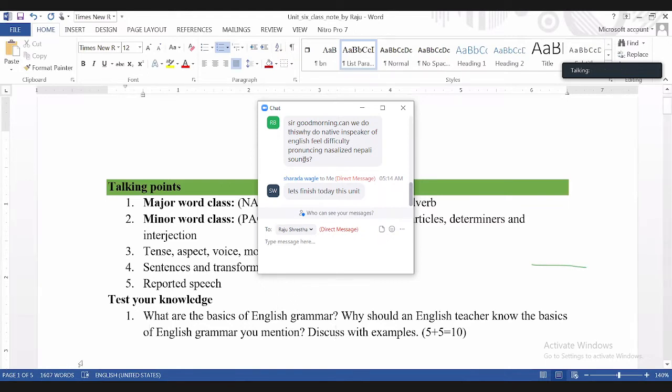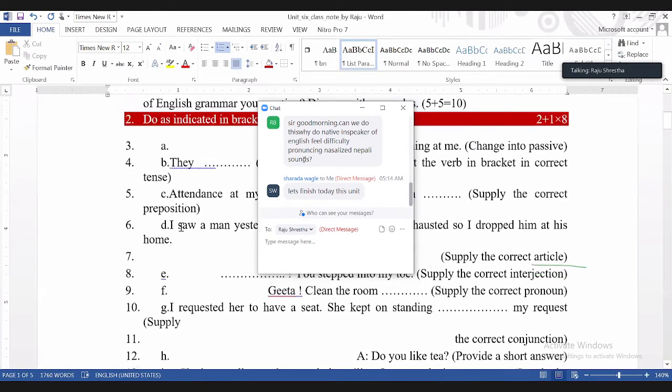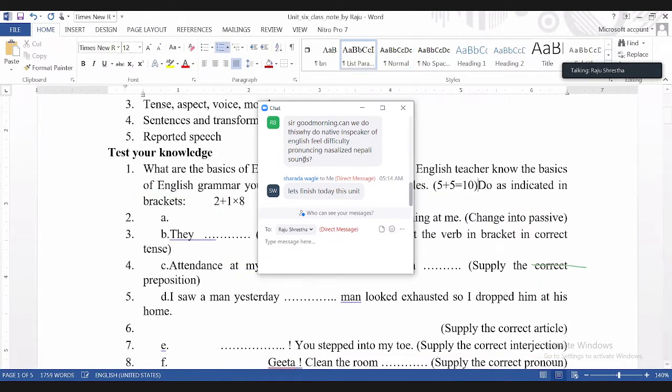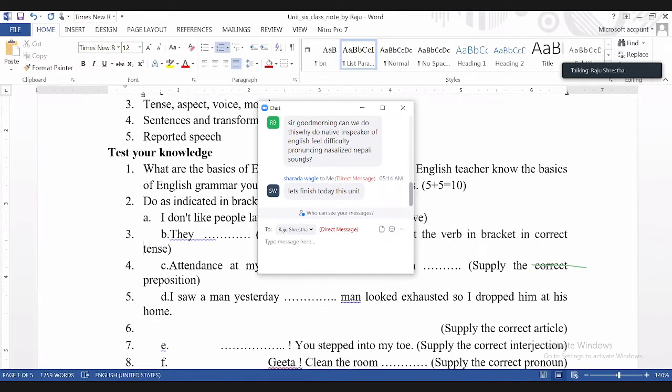Why should they know? This is the kind of question. And then another question could be asked like this. This kind of question can be asked: do is indicated in the bracket, then one question number one, an option.